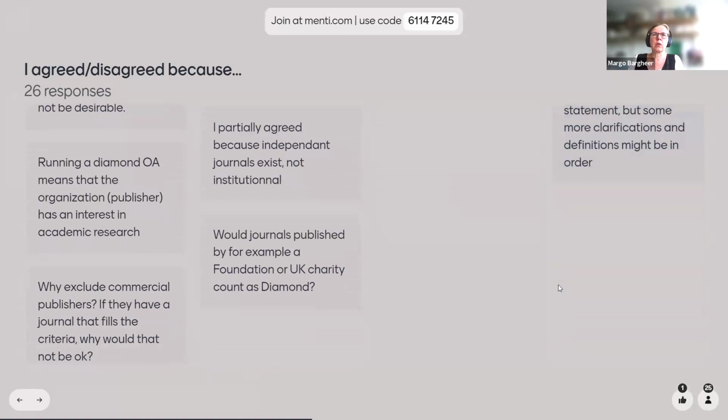So a charity that runs a journal and is fully on the side of trying to serve science and is community driven. And we always will have a problem, because if we use such a selection criterion to say this is in or this is out, whereas we look at a continuum of aspects, there is always a challenge.